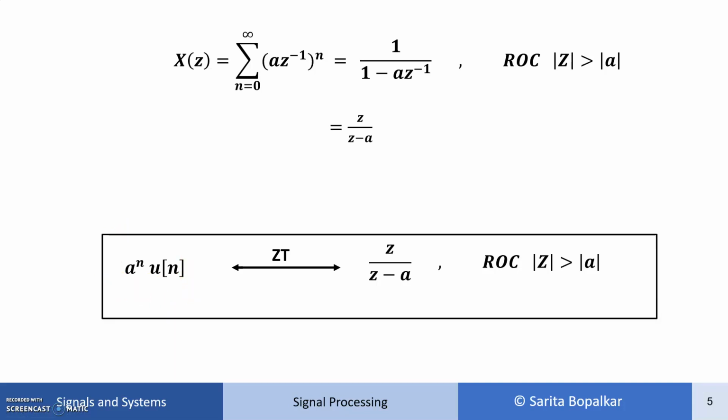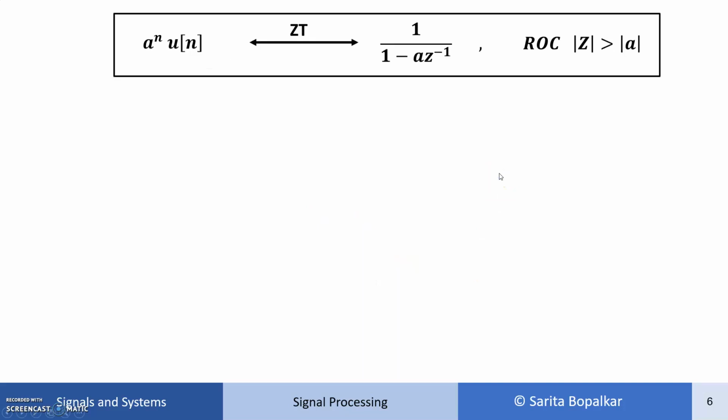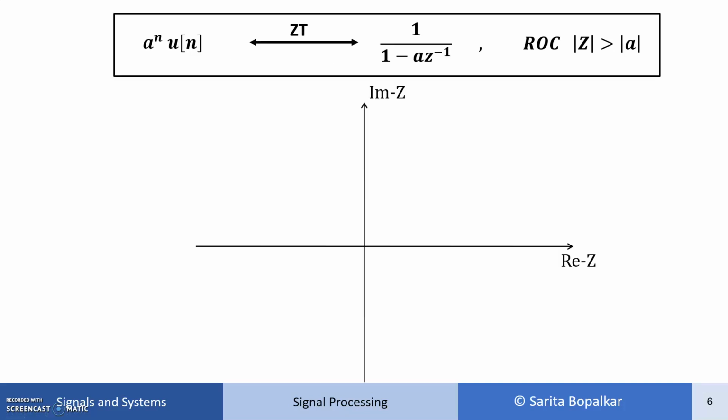Now let's draw this ROC graphically. This is your Z domain, real axis, imaginary axis. Now all the values of z for which it is greater than mod a, to show that, we need to draw a circle whose radius is a. So this is a circle whose radius is a.